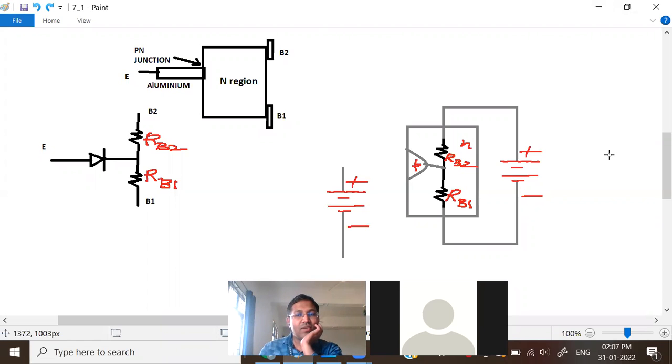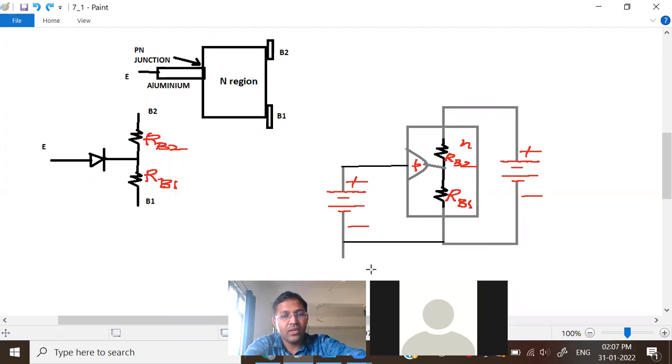Likewise, to the emitter terminal, we give positive on the P side, and the negative we connect to ground.